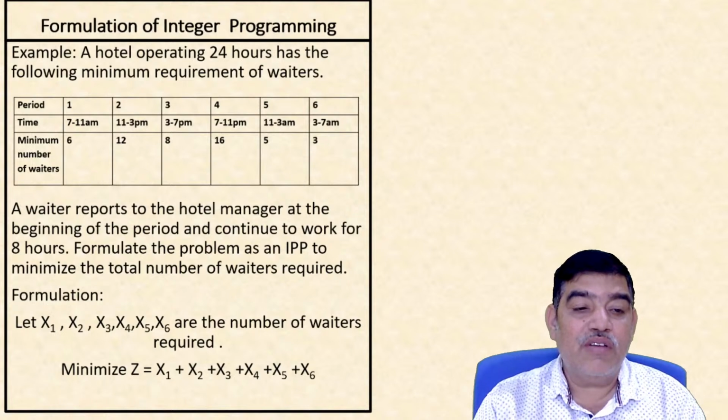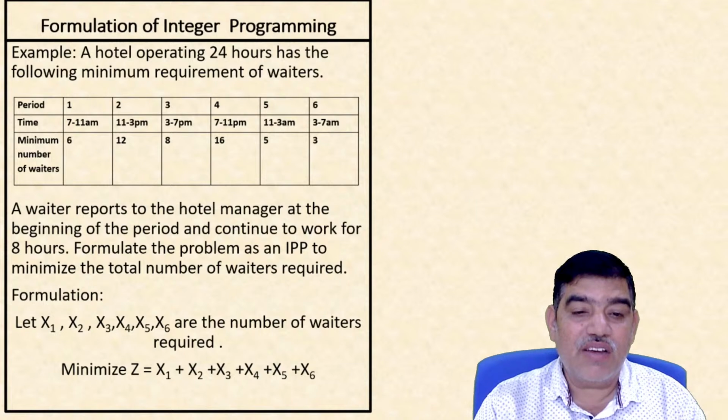That is the constraint here. Formulate the problem as an integer programming problem to minimize the total number of waiters required.